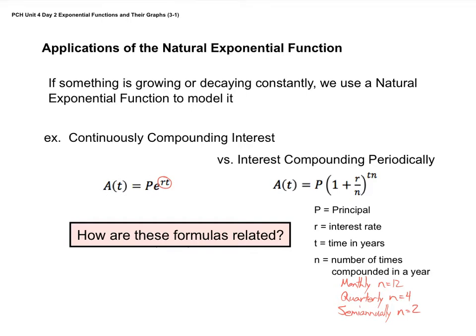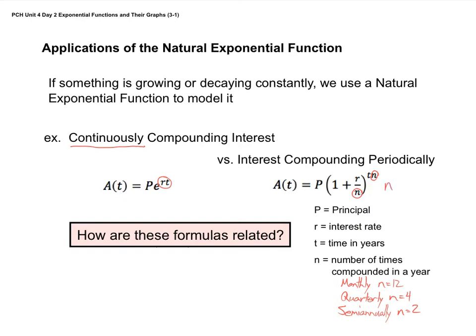And what's happening, if you think about continuously compounding, the more often we compound, the bigger n is going to be. So, of course we have semi-annually, quarterly, monthly, we could do daily. What if we did compounding every minute? Then we'd have to figure out how many minutes are in a year, or every second. Well, continuously is even more often than every second. It's every moment. It's continuous.